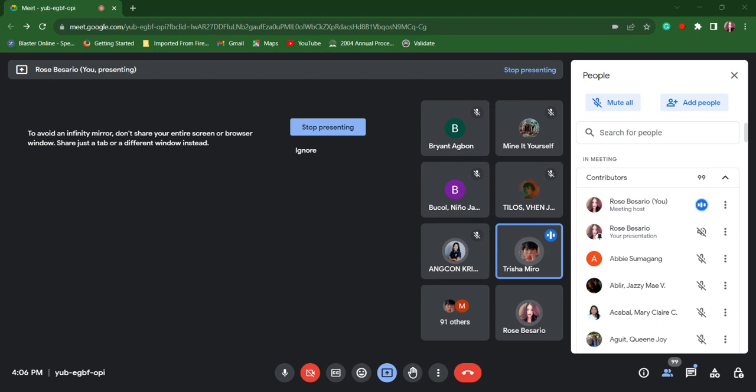The accounting equation has asset, liability, and then capital or equity.